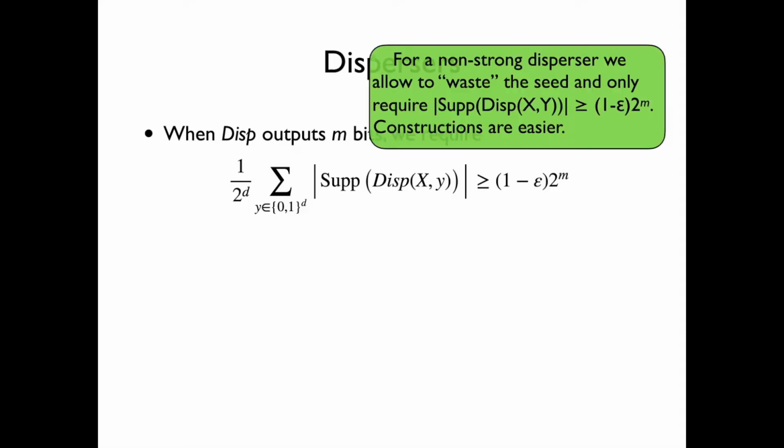For a non-strong disperser, we allow to waste the seed and only require that the cardinality of the support of disp(x,y), when we enumerate over all y's, is at least (1 minus epsilon) times 2^m. And there, in fact, constructions are easier.